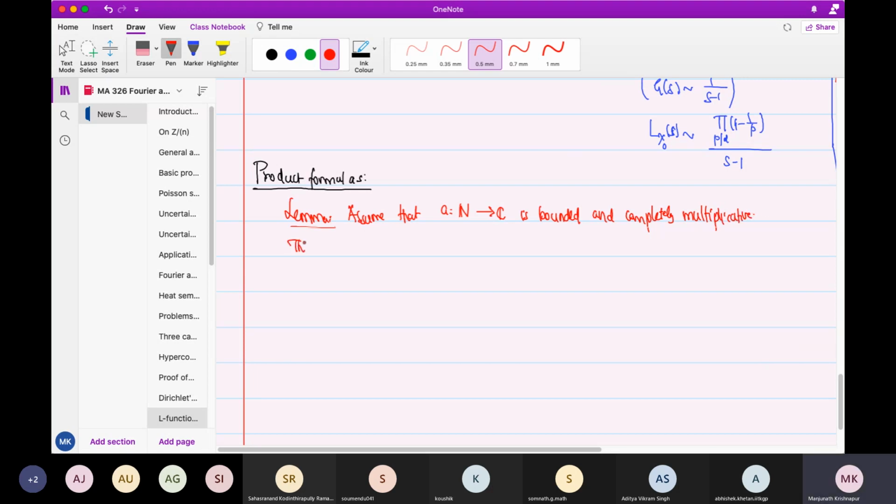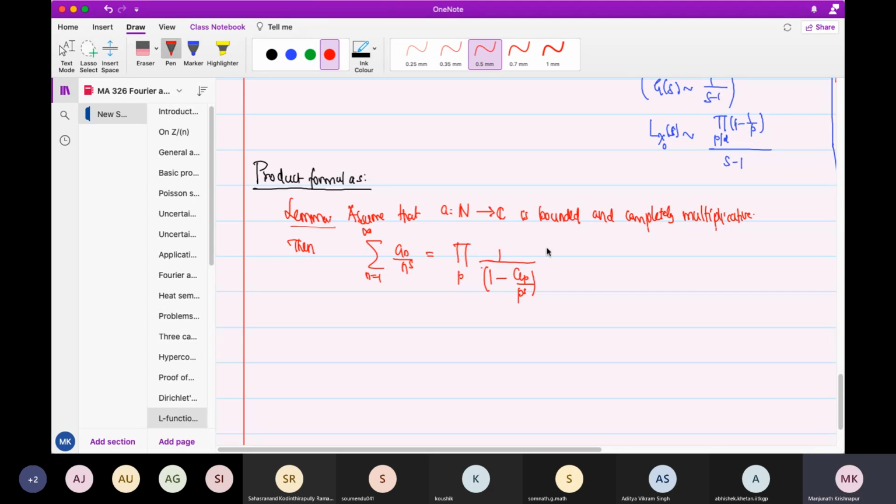Then the sum is equal to the product over primes of 1 over 1 minus A_p by p to the power s.